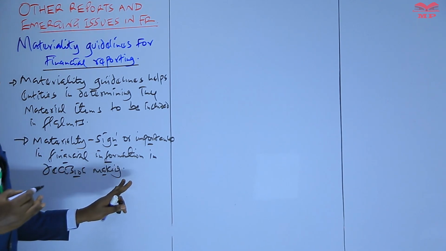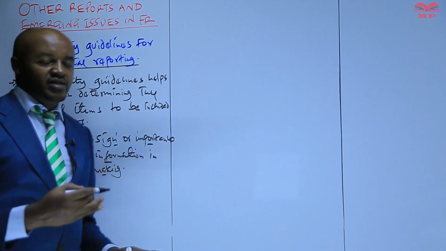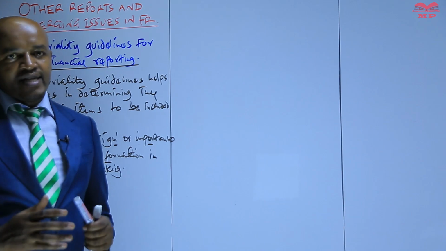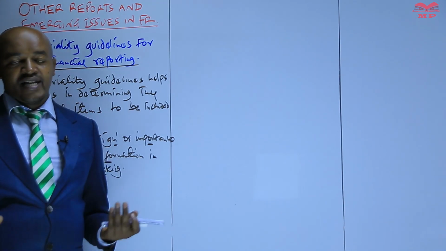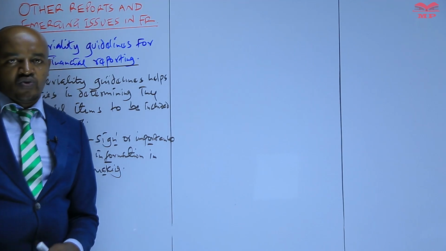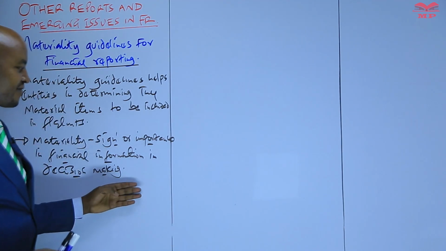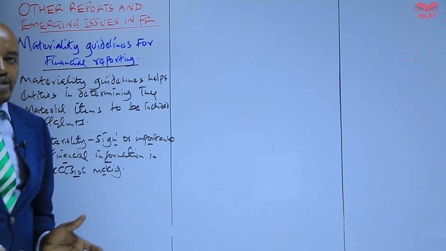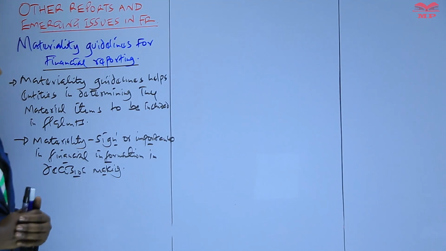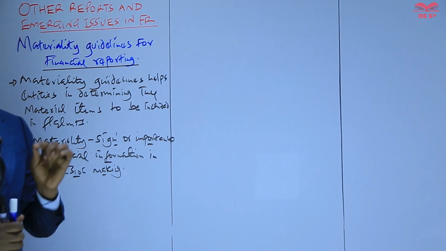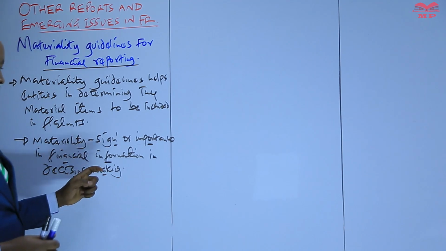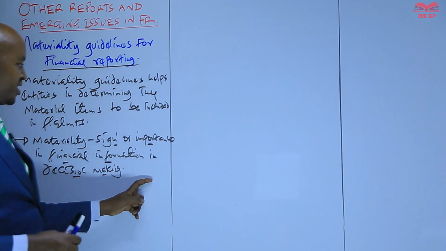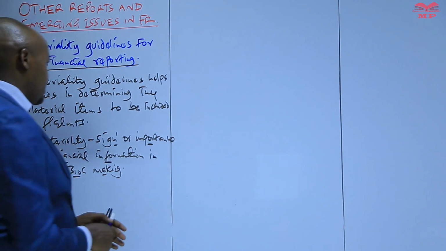But on the other hand, if information will not affect the decision to be made by the users of the financial statement, then we say such information is immaterial, and therefore such information does not necessarily need to be included in the financial report or financial statement to be prepared by an entity, because by the end of the day it will not influence the decision to be made by the users of the financial statement.